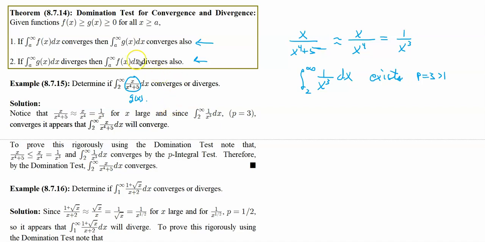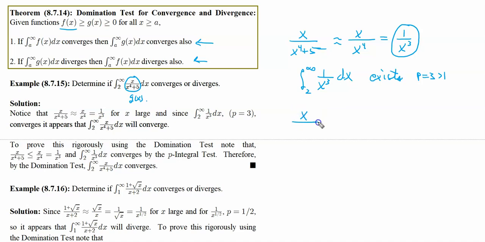Okay, and then what we want to do is find an f of x that is a little bit larger than the g, in which the integral of the f converges. Then we can conclude that the integral of this term converges. Now the f is going to be something like this, some multiple of the 1 over x cubed. So let's see how we can determine what f is.